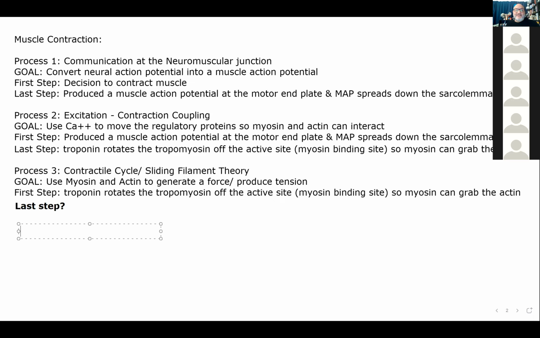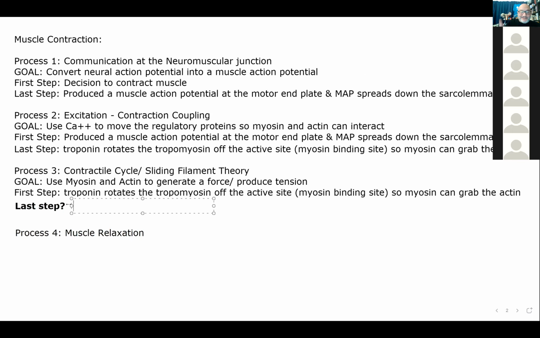Or if we were to think about it, we could say that if there was a fourth process in this, muscle relaxation would be the fourth process in this. I was talking specifically about the contractile cycle. Is there really a last step in the contractile cycle? No, absolutely, you guys got the right idea.